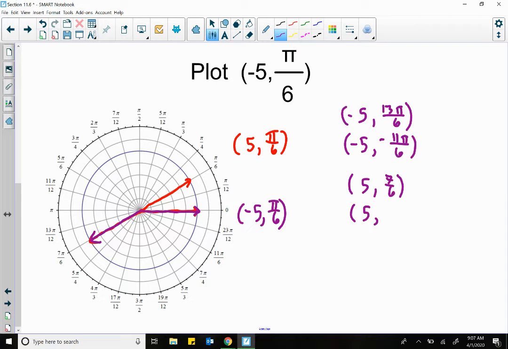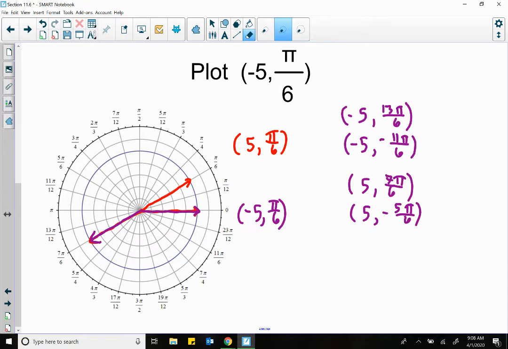If I take 1/6 minus 1, 5 comma negative, and this should be 7 pi over 6, and we'll get negative 5 pi over 6 for that one. So there's all your so-called coterminal points that will yield the same graph.